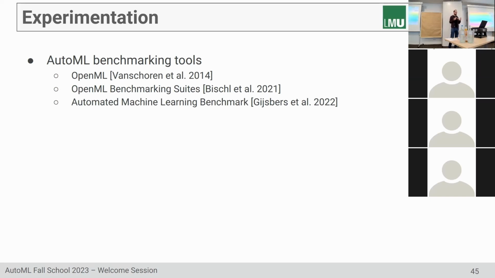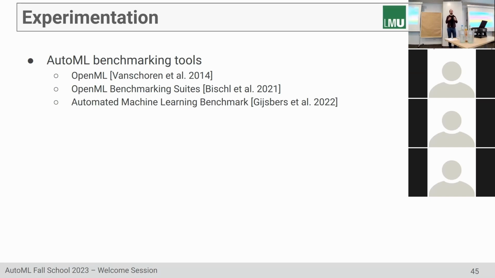Now I said there's a few thousand data sets. How do you choose between them? People have realized that this is an issue before. So we have defined some benchmarking suites, collections of data sets that can be used to conduct machine learning or automated machine learning on one specific problem domain. And going one step further, there is the AutoML benchmark.